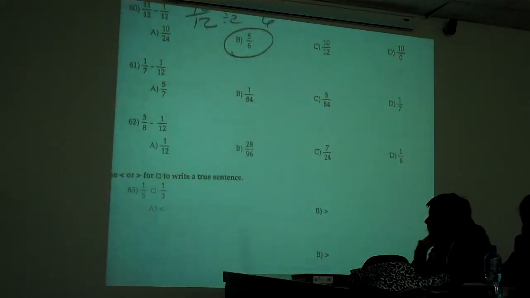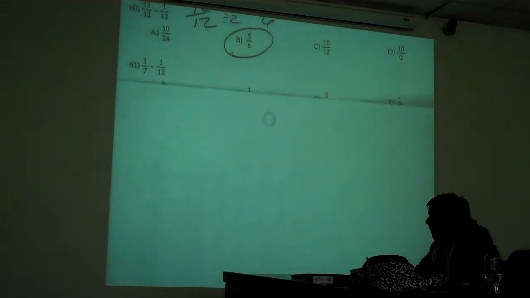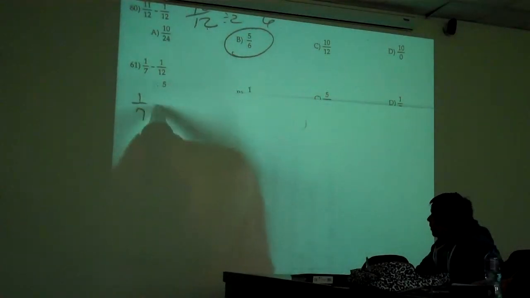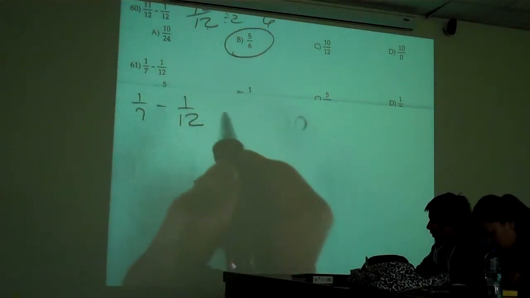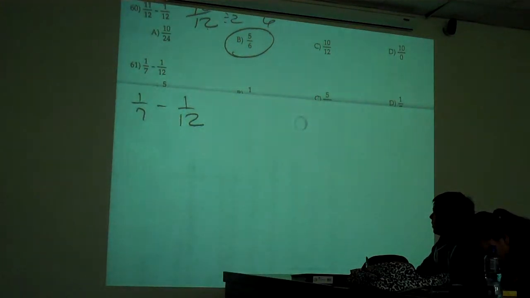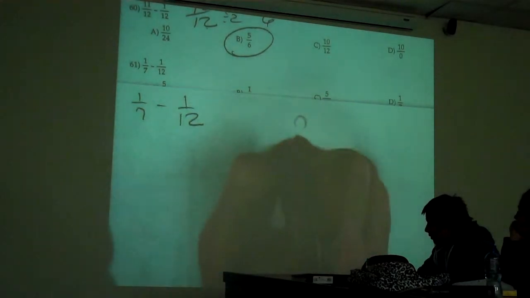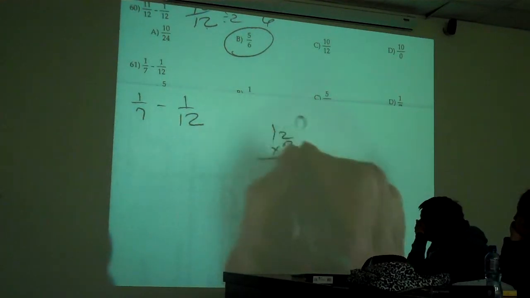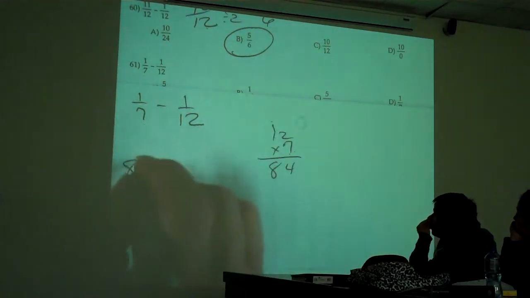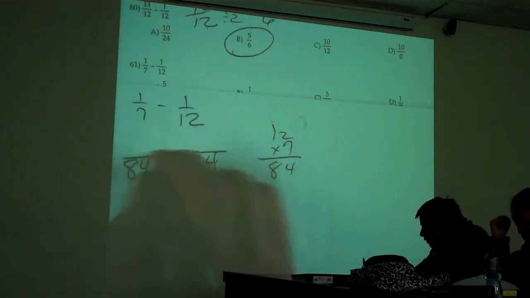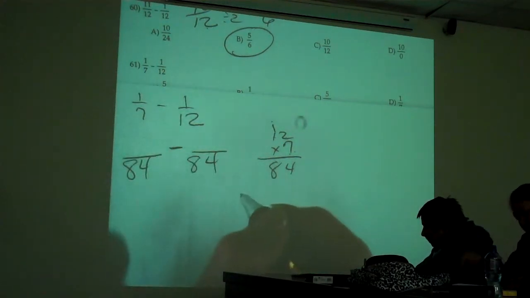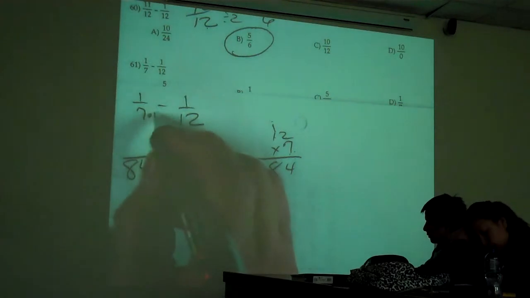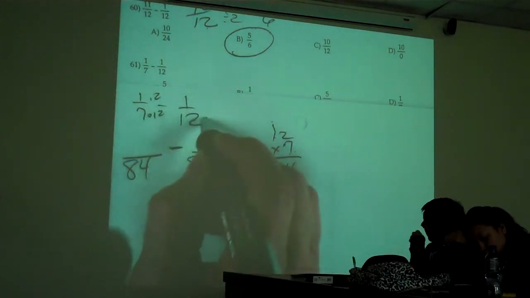Okay, now we don't have a common denominator. 1/7 minus 1/12. 7 can't break down. Do 7 times 12 and you'll get a common denominator. 84 is your common denominator. 7 was times 12, and the 12 was times 7.